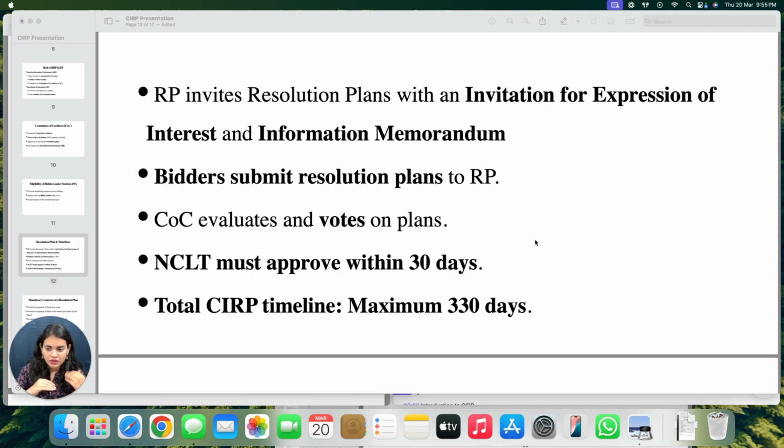In the process of bidding in a CIRP, they will be provided with the information memorandum and documents of the corporate debtor that may be confidential, which will enable them to assess and make their bid. It is crucial for them to understand the assets and liabilities of the company to make a bid in the first place.